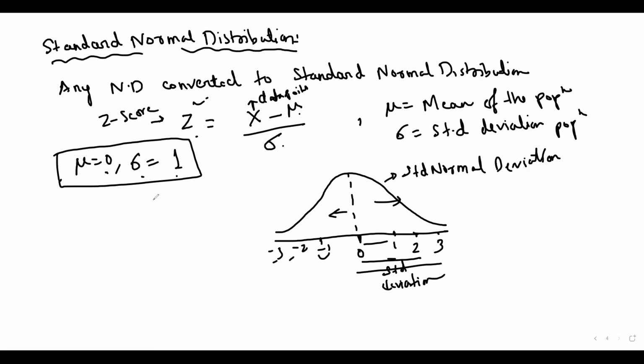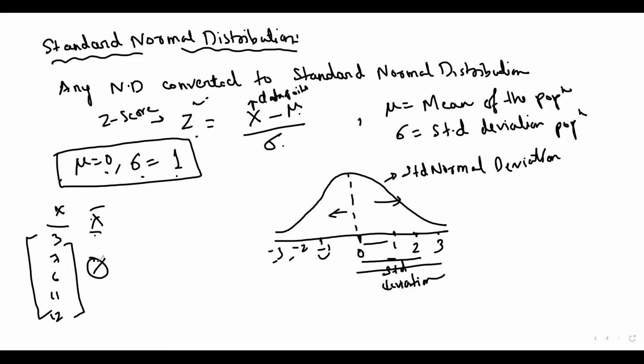So any normal distribution can be converted. Let's say we have some values, let's say 3, 7, 6, 11, 12. And let's say if you plot them, it follows normal distribution. How will we convert it? We first of all calculate the mean of these 5 values.